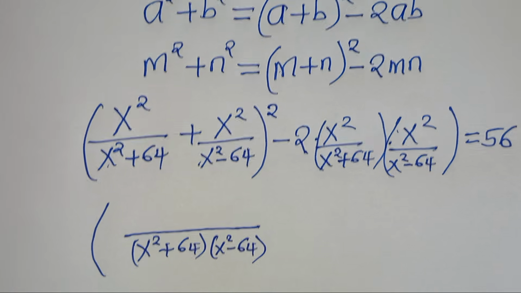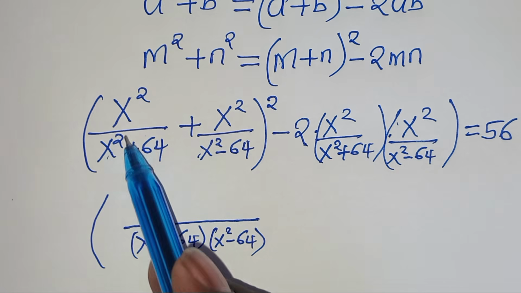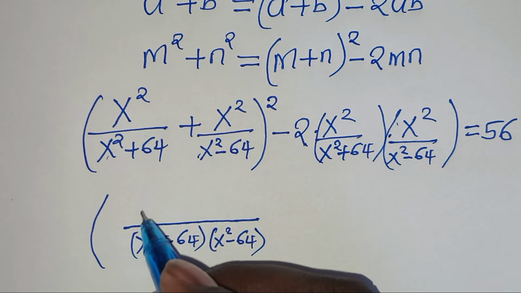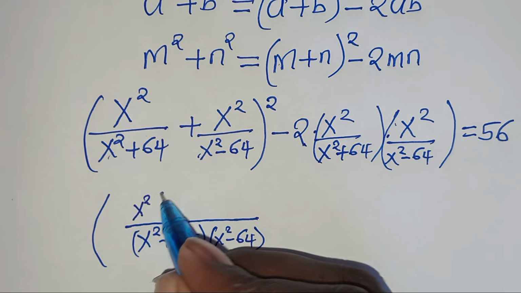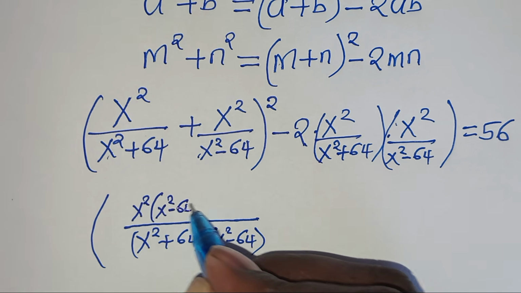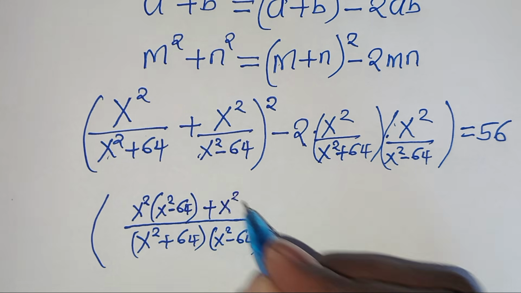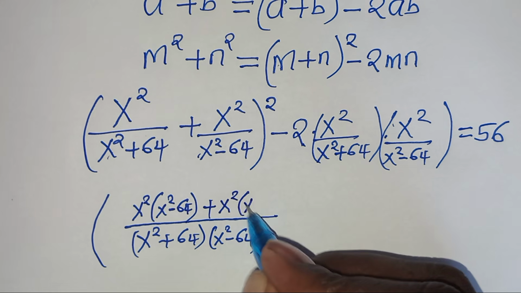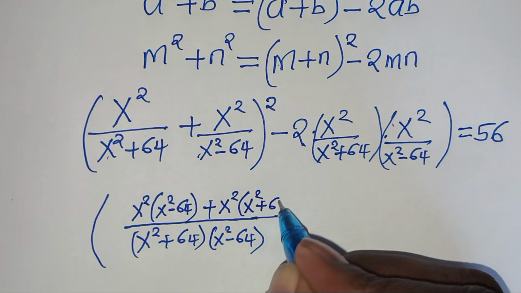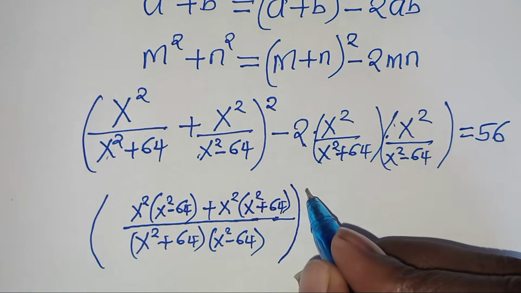So we have x squared multiplied by x squared minus 64, then plus x squared multiplied by x squared plus 64, all divided by x squared plus 64 times x squared minus 64. This means we have x squared multiplied by x squared plus 64, everything here raised to the power of 2.